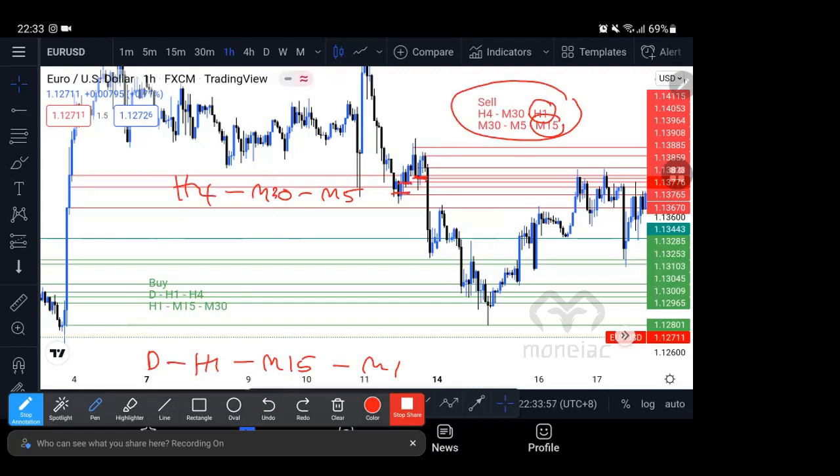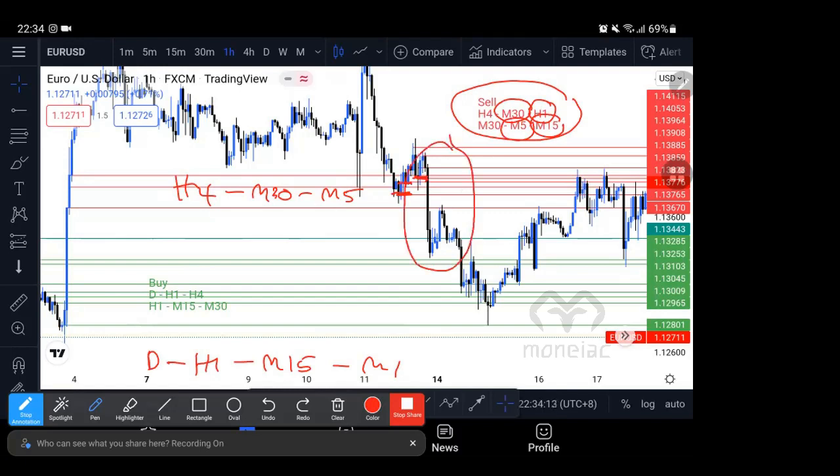H1 is breaking over here, so we should be looking at entry maybe at M30 or maybe drop even lower at M5. So we have the indication that selling may be possible over here.